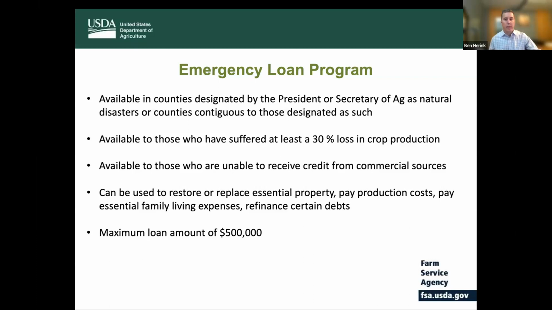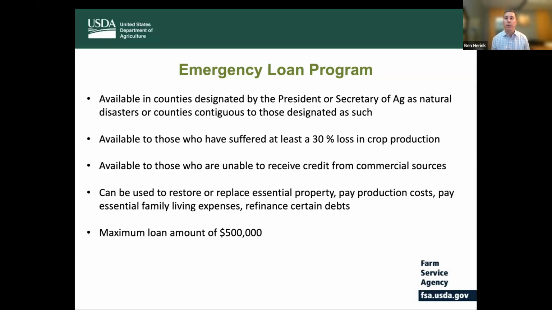So in Nebraska, as of March 31st, with the drought beginning on April 1st and the grazing season, we had 78 counties in Nebraska that were declared what's called a fast track designation due to drought. 55 of those were part of the designation, and then 23 more were wrapped in because they were contiguous counties.